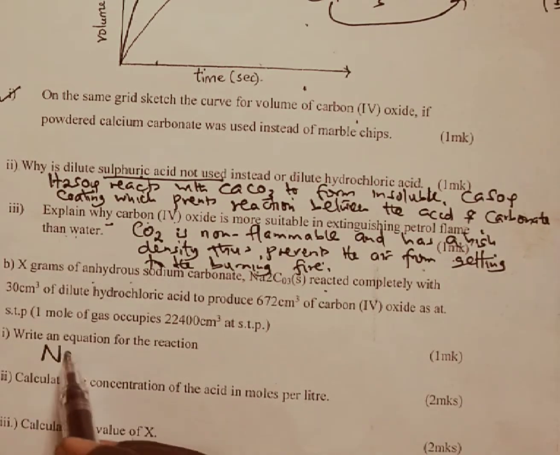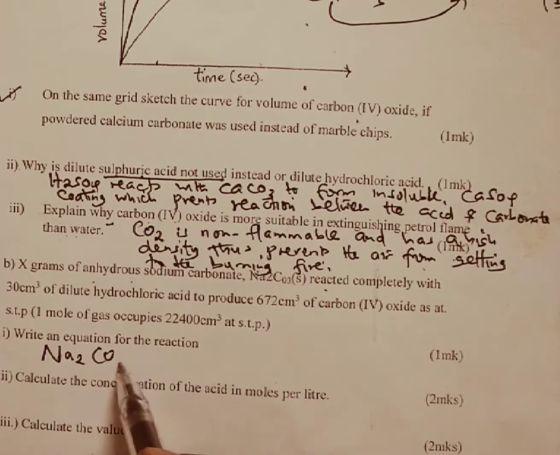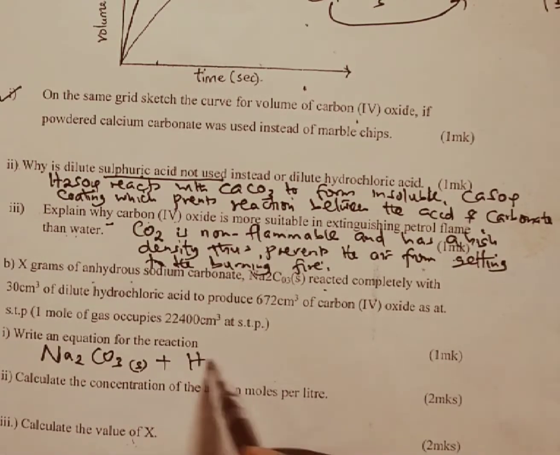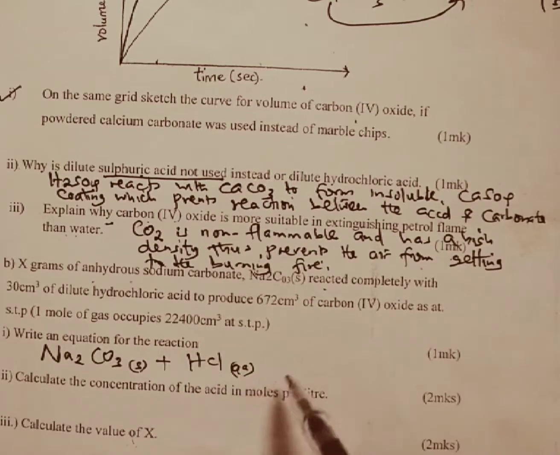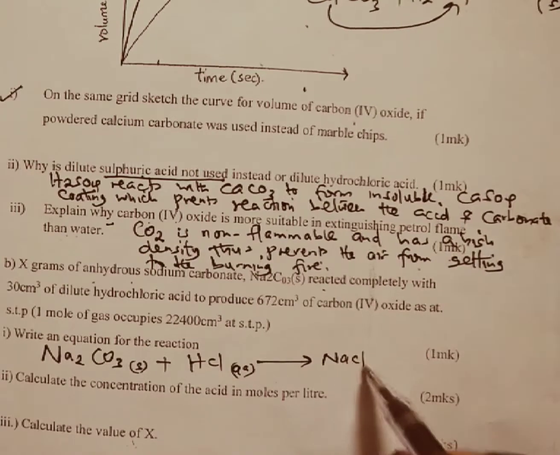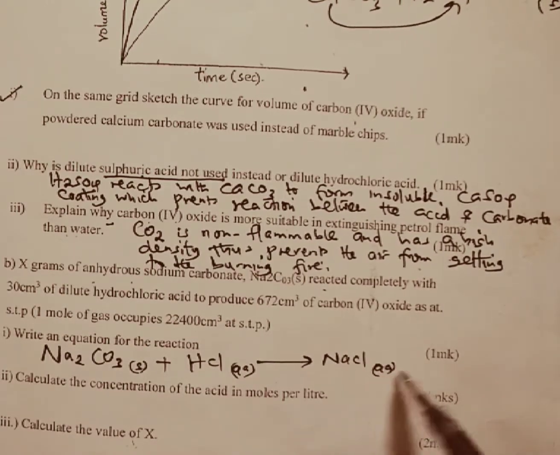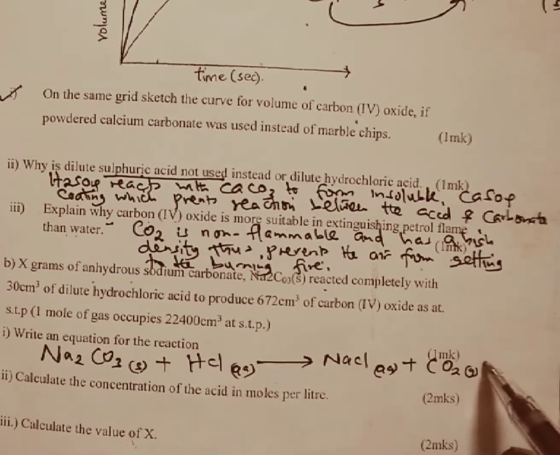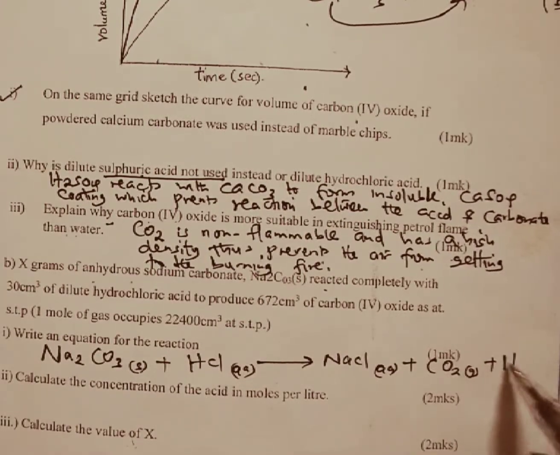This is a reaction between sodium carbonate, a solid, and a dilute hydrochloric acid. And this reaction produces sodium chloride. It produces carbon 4 oxide plus, of course, water.